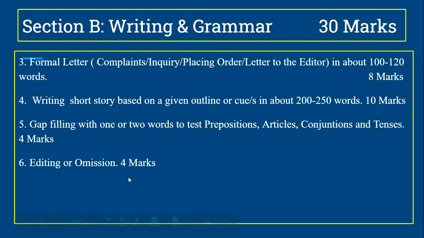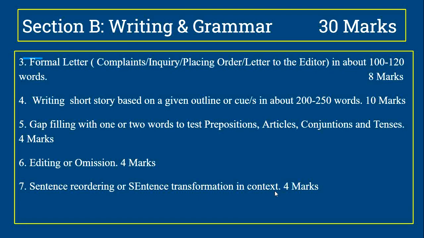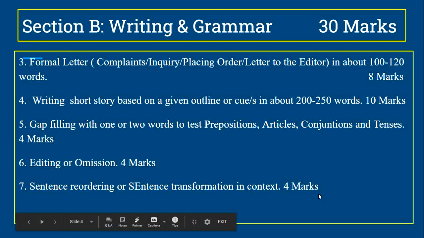For each error correction you will be given 1 mark, so 4 marks. Now question number 7 is about sentence reordering or sentence transformation in context, and this will also have 4 items, each carrying 1 mark, so total 4 marks.